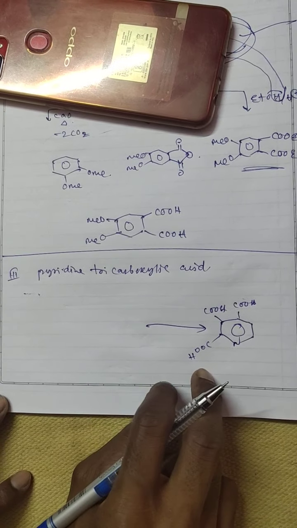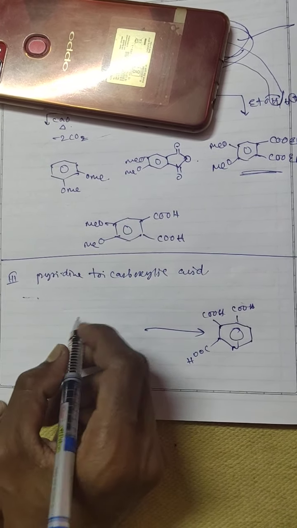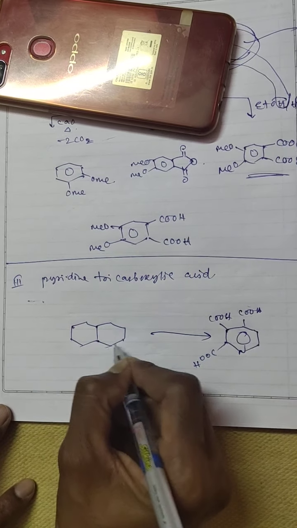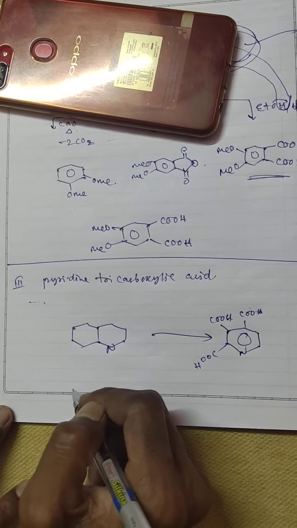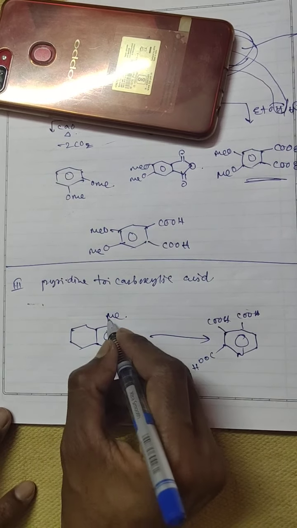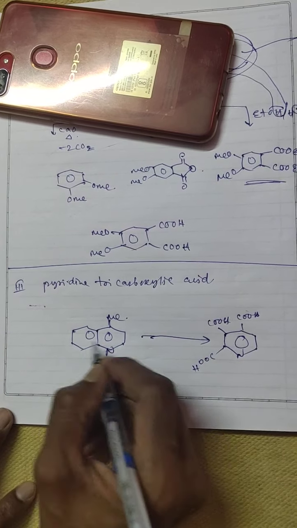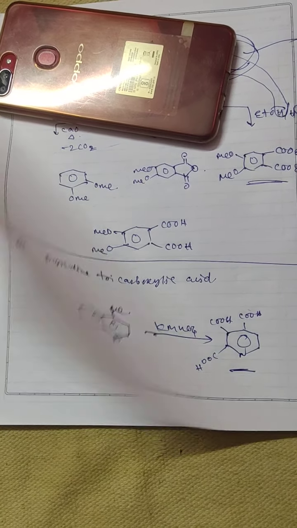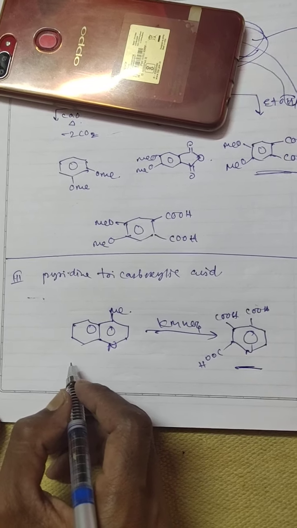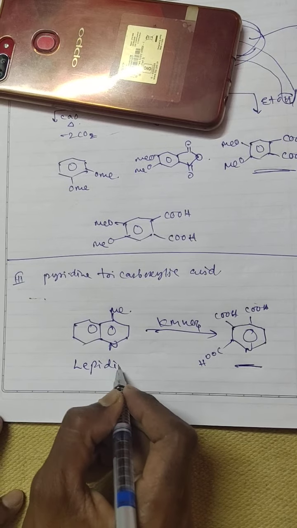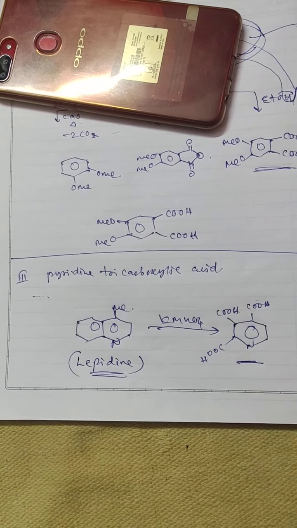The first structure may be in piperine, like this. When it reacts with KMnO4 it forms pyridine tricarboxylic acid. The structure of this is known as lepidine.